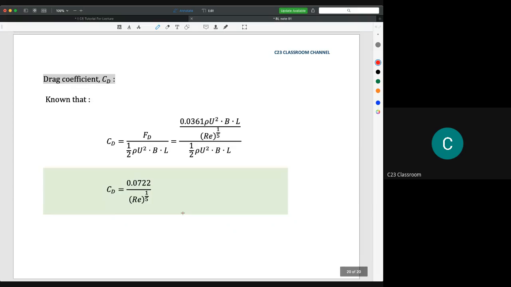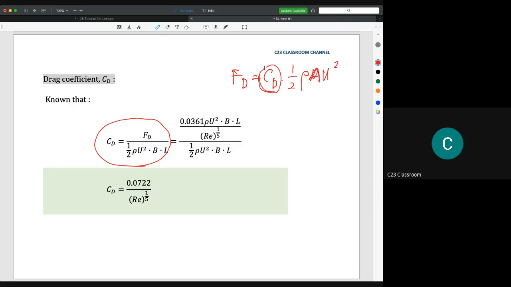And then for the drag coefficient, this is the common equation. Normally we write Fd equal to Cd times 1 over 2 rho A U square. To get the value of Cd, we have drag force over 1 over 2 rho U square BL. We know the value of the drag force based on the previous calculation, so we get Cd equal to 0.0722 over Reynolds number to the power of 1 over 5.